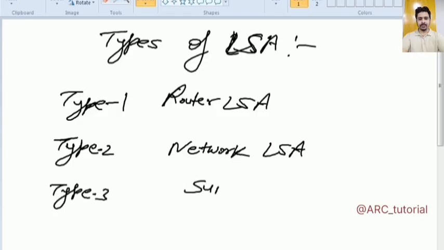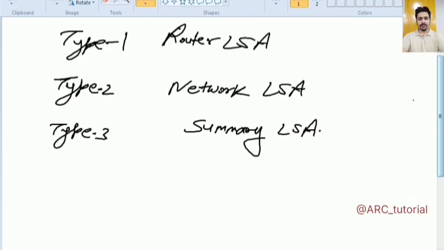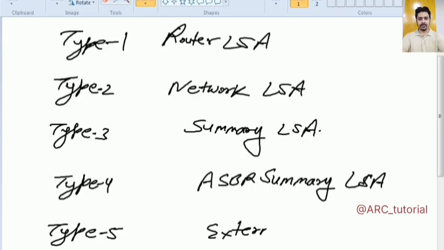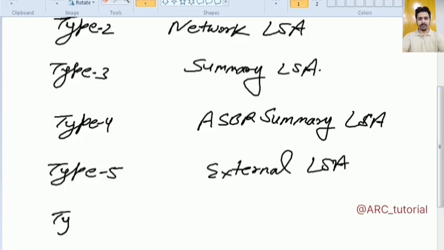And NSSA LSA, where NSSA stands for not so stubby area.